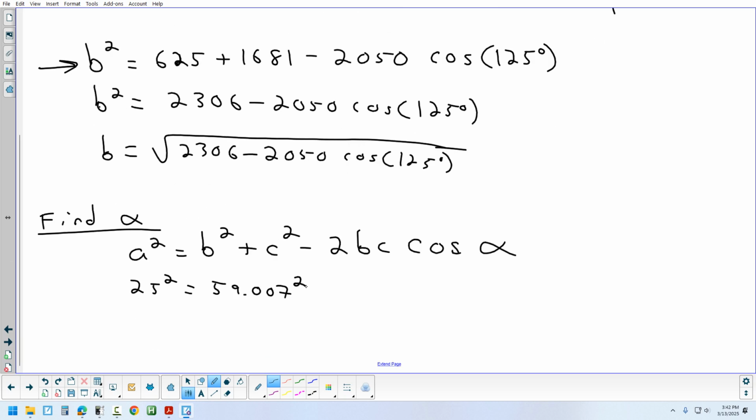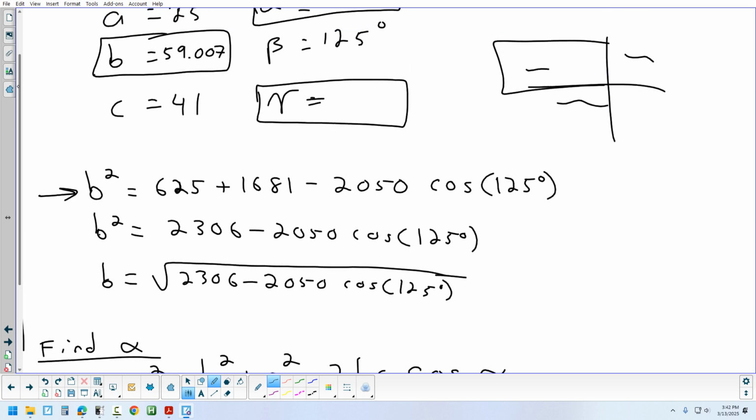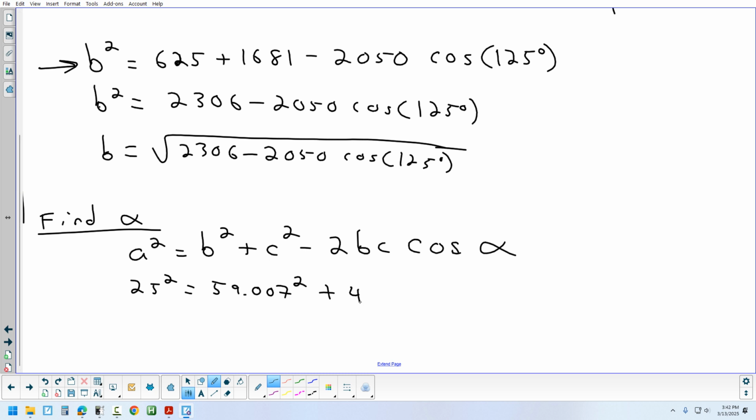I know that's rounded, but that's what we're using right now. So b squared and then c squared is 41 squared, minus 2 times 59.007 times c times cosine alpha. All right, so now that's the equation that you set up to solve for alpha.